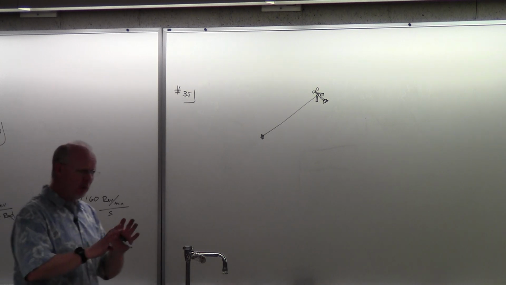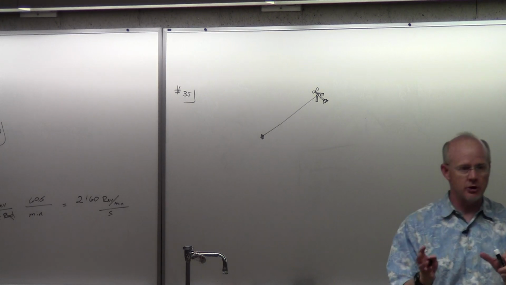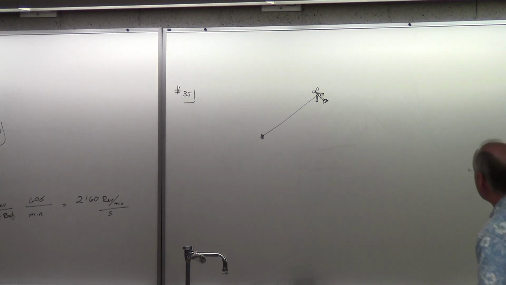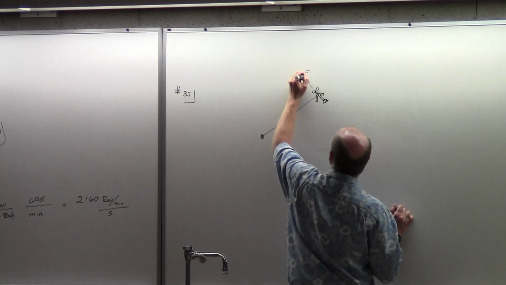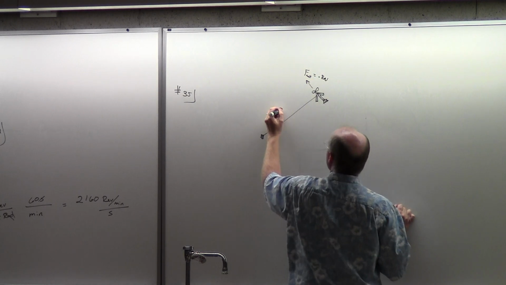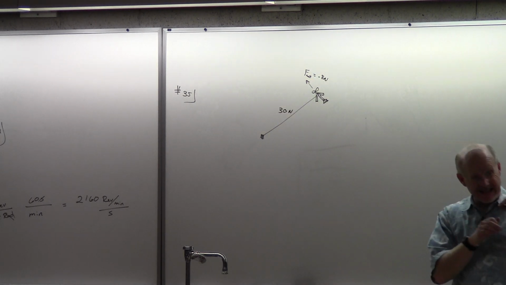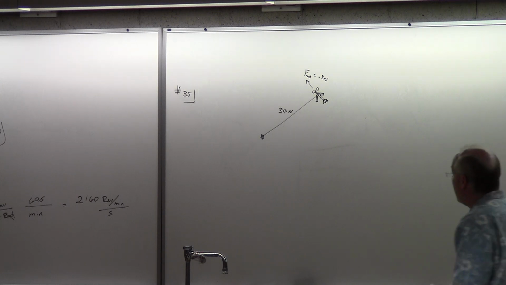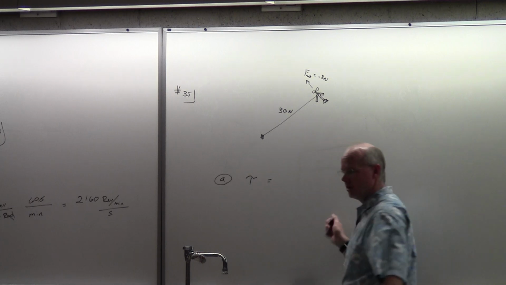So we're just going to avoid it right now because we've got enough hard problems here with our torque and moment of inertia. But what he's saying here is there is a net force of 0.8 newtons. The wire is 30 meters away. The thrust is perpendicular to the wire. And then the question is, what is the torque?